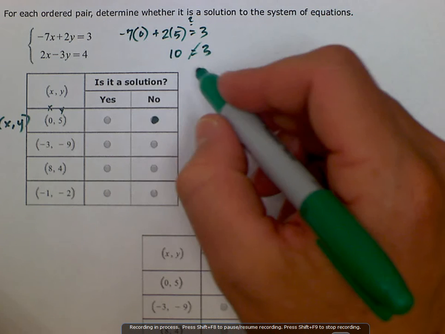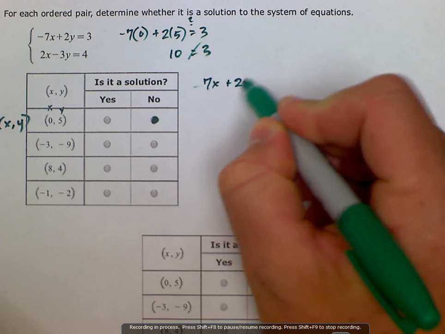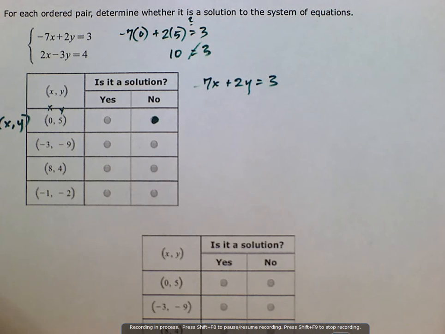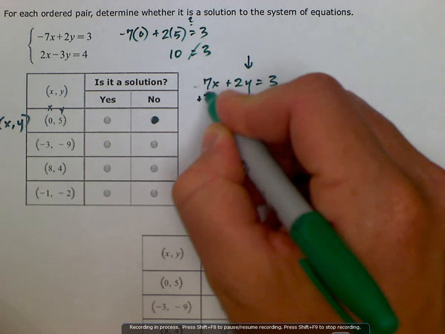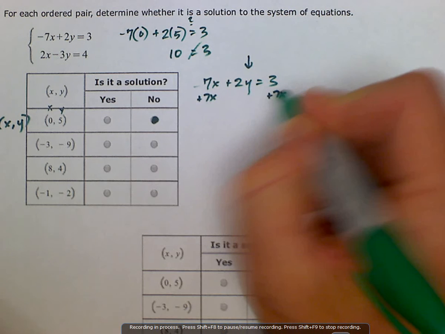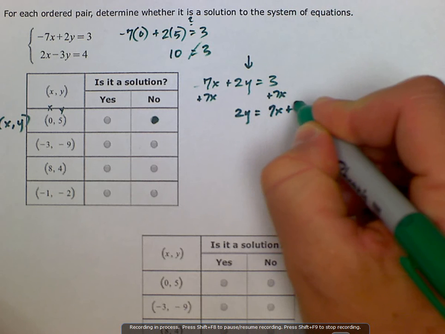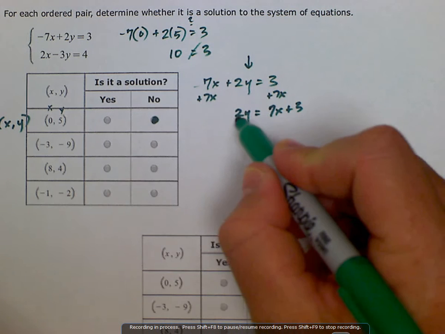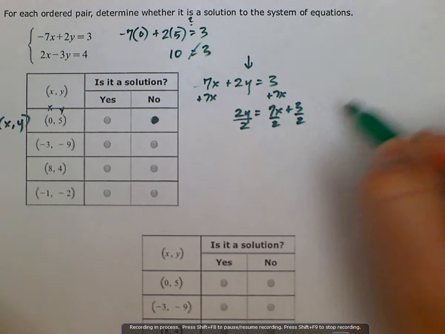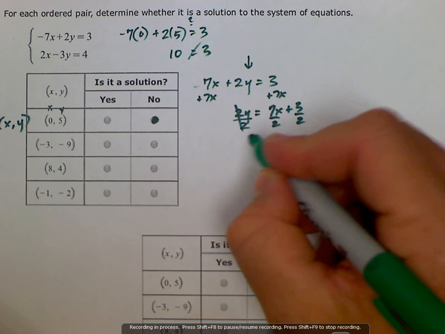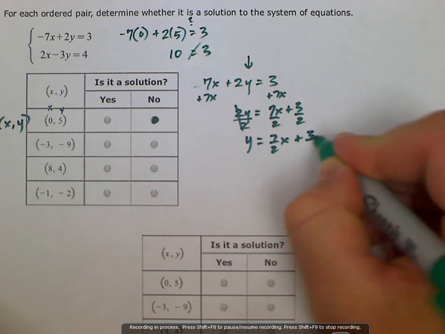So if I have -7x plus 2y equals 3, if I want to solve for y, I would add 7x to both sides, giving me a positive 2y is equal to 7x plus 3. Then I would divide both sides of the equation by 2. These cancel, leaving me with y is equal to 7/2 x plus 3/2.